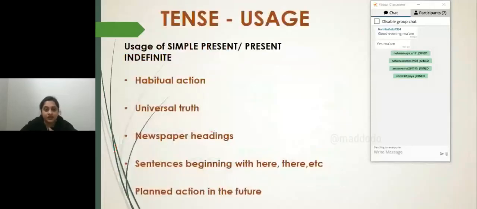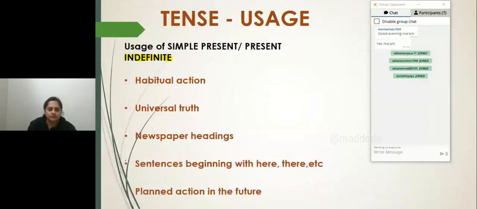Now see, usage is the most important part where you have to focus, guys. Try and give me sentences also, examples if you can, that will be great. So first is indefinite, which is simple present, or you can also call it present indefinite. Any action which is regular, right?